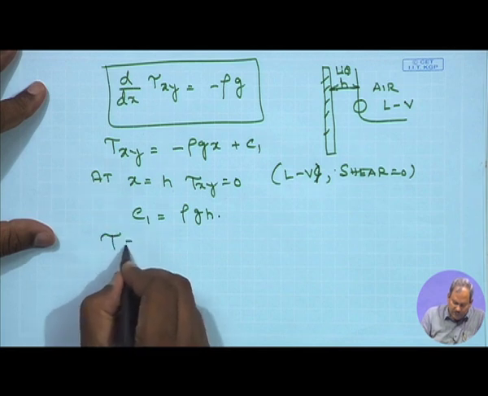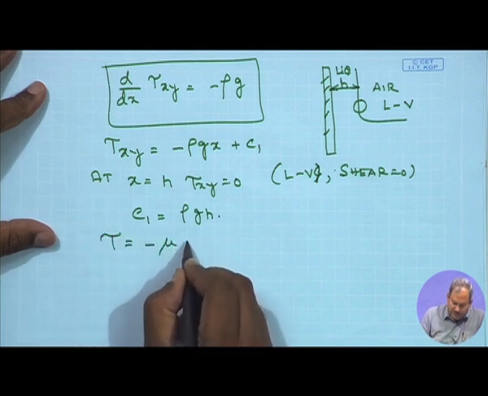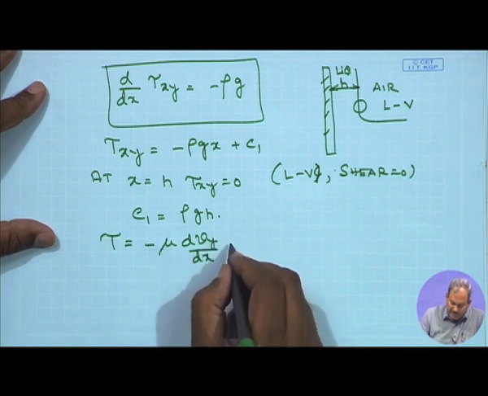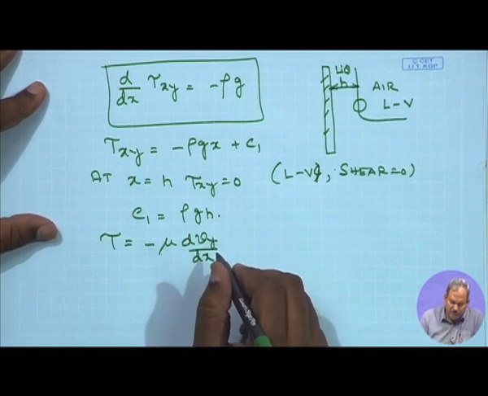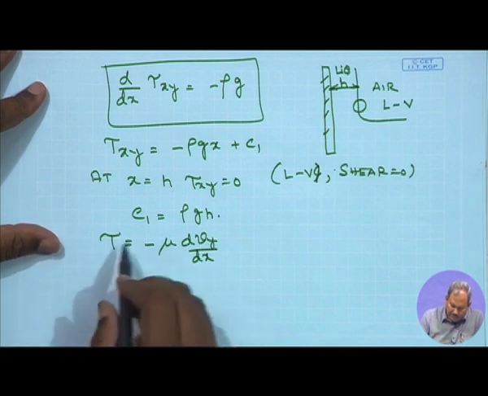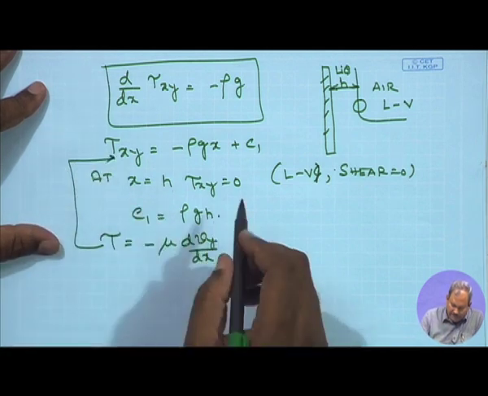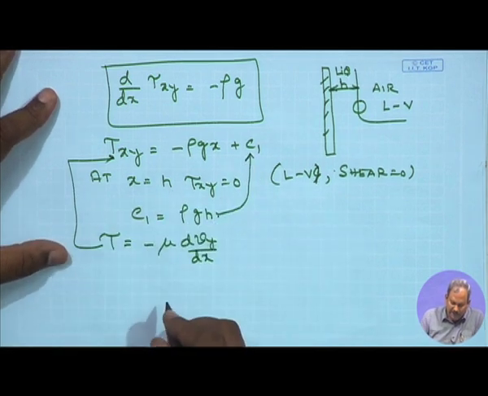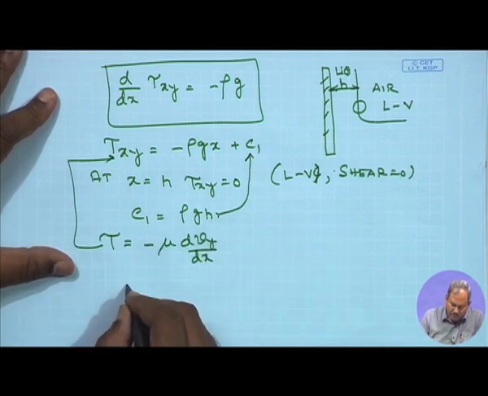And also tau, if I assume it is a Newtonian fluid, is simply mu times dvy by dx. Plugging this in here and using the value of C1 as rho g h, you can integrate this. I am leaving it for you to do.